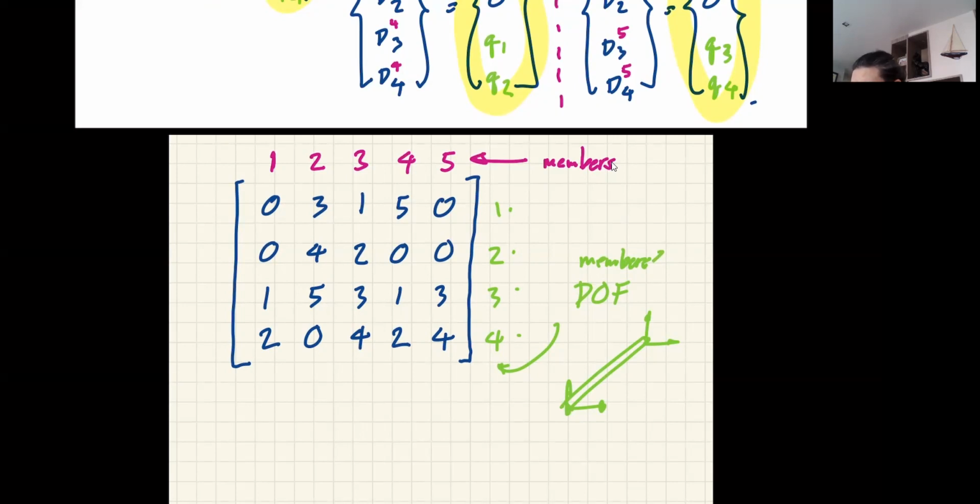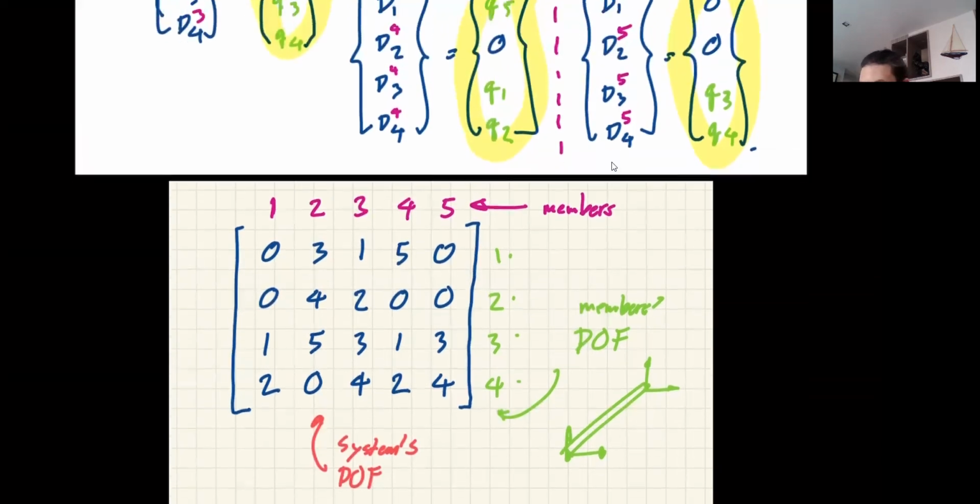And this entire thing is the degree of freedom of the system. Because, you know, each member has 2 nodes. Each node has 2 degrees of freedom. So each member has 4 degrees of freedom.